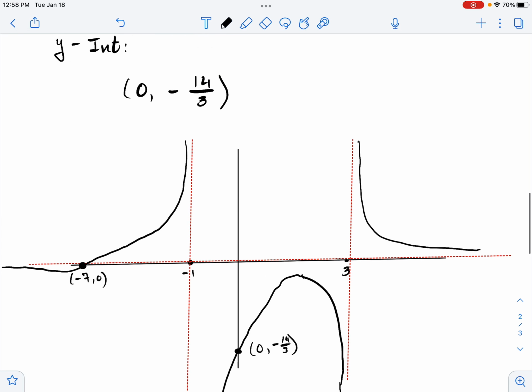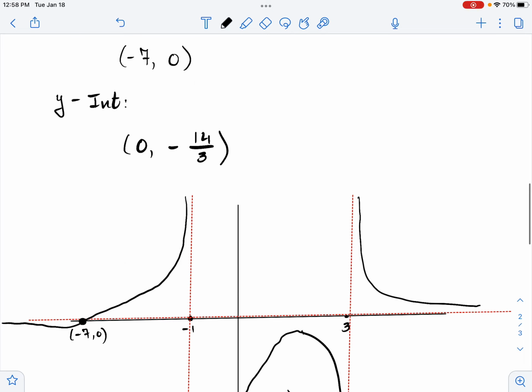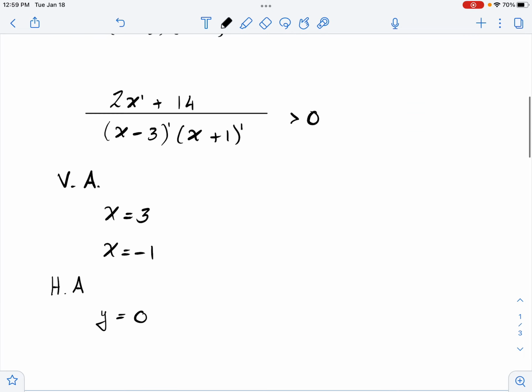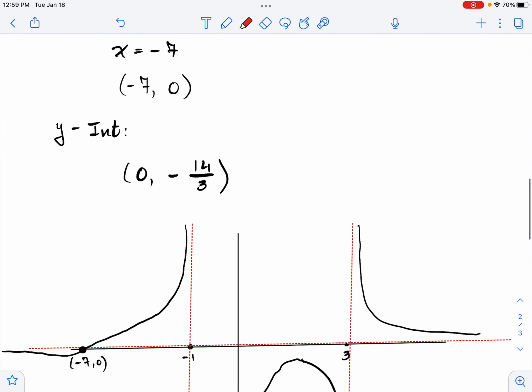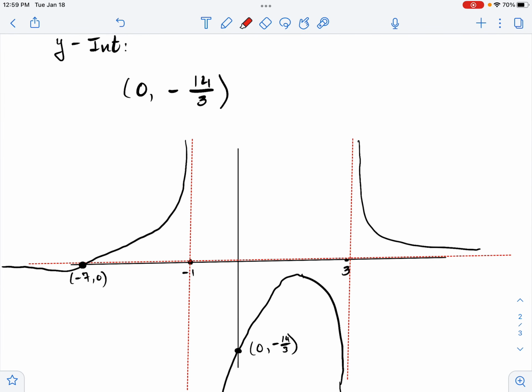Again, bear in mind with this inequality, we just really care about the signs of the function. Where is it positive and where is it negative? And so I remind myself by looking at the function that I care about where this function is greater than 0. So where is it positive? Well, it's going to be positive. Take out my highlighter. Here is the function positive, here, here, and all the way up there.